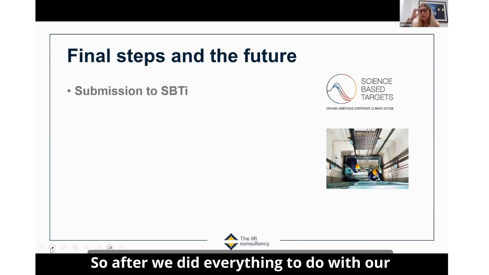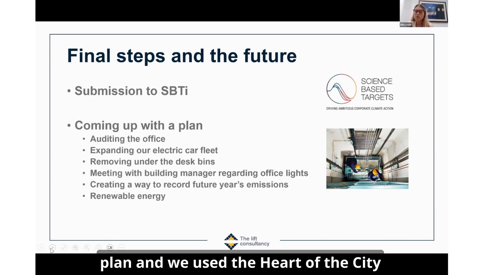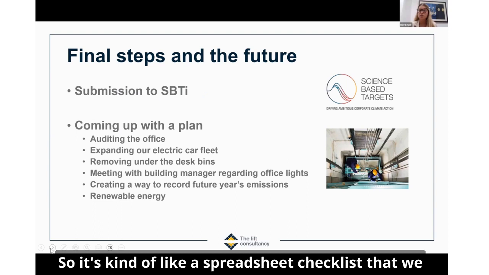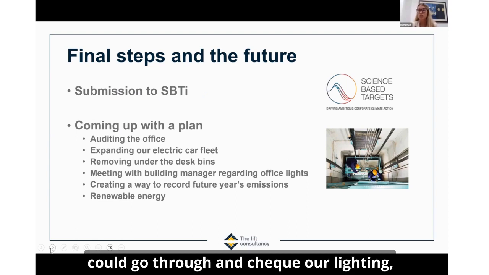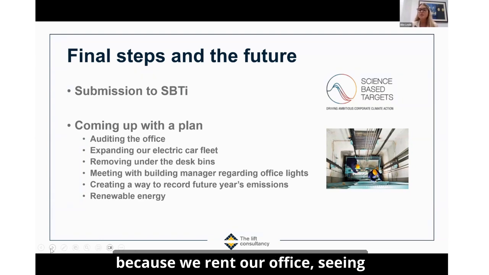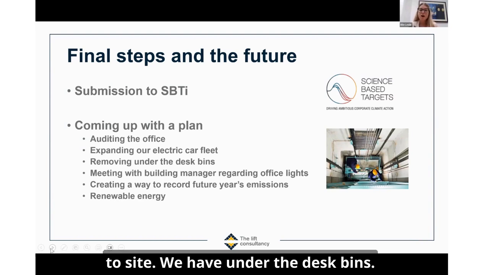So after we did everything to do with our baseline, we had to come up with an action plan, and we used the Heart of the City template, which meant we could audit our office. So it's kind of like a spreadsheet checklist that we could go through and check our lighting, our glazing, talking to our building manager because we rent our office, seeing about our fleet of cars for our consultants that travel to site.